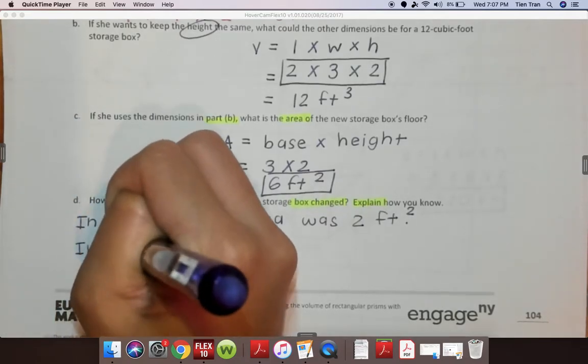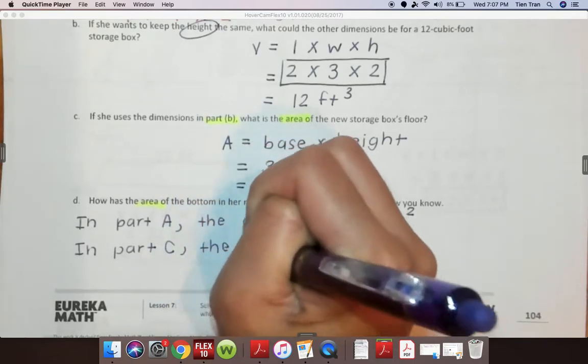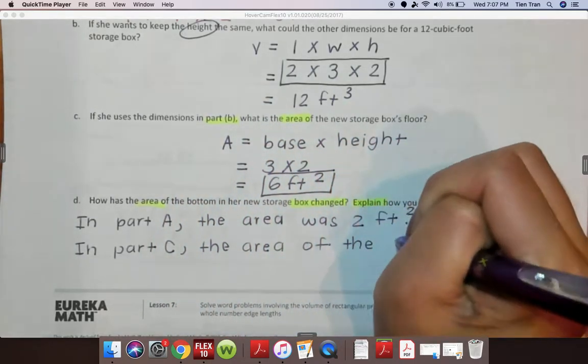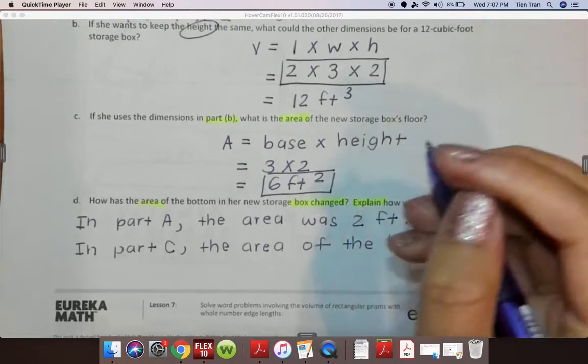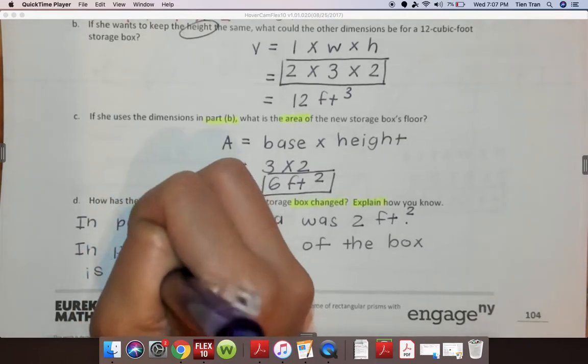In part C, the area of the box is 6 feet square.